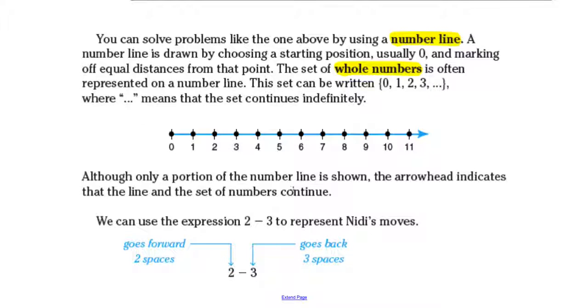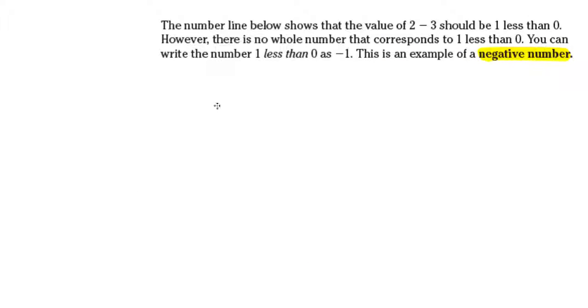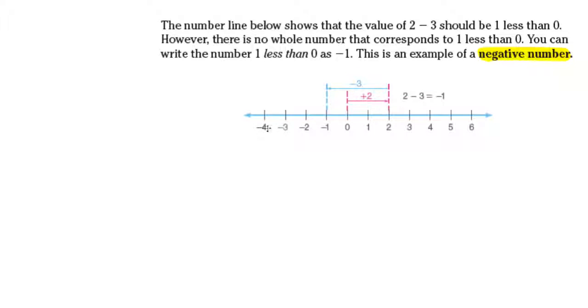When we use a number line to do this, this is how it should look. The number line below shows that the value of 2 minus 3 should be 1 less than 0. Why is that? Because if you look at this number line, you start with 0, go 2 spaces forward, that's when you end up with 2.